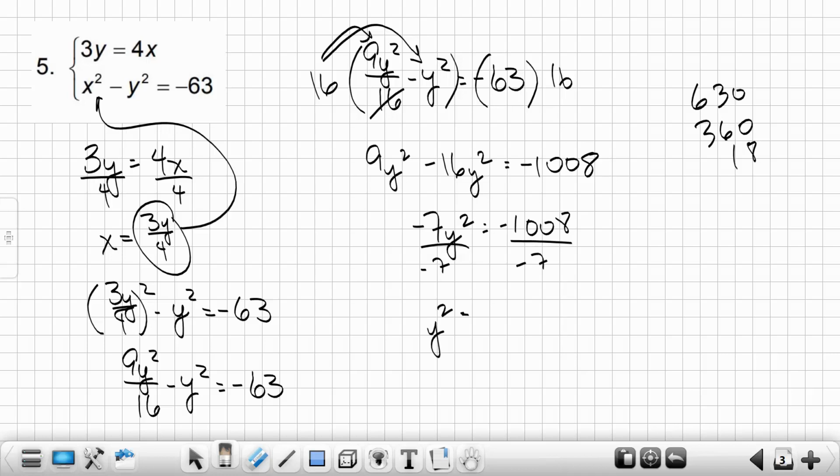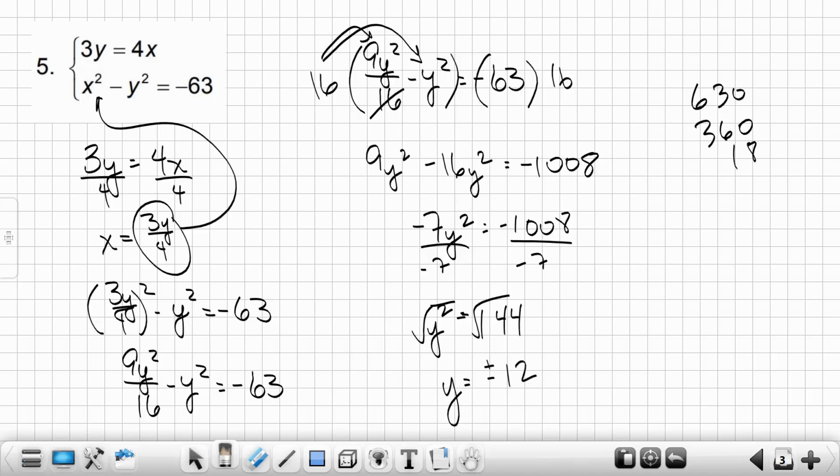Y squared is equal to, let's see, 144. Y is plus or minus 12.